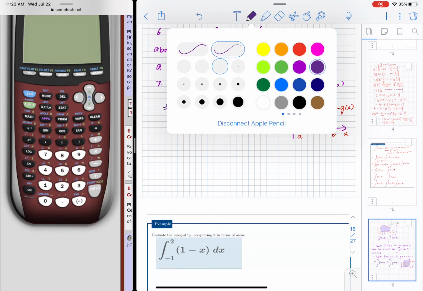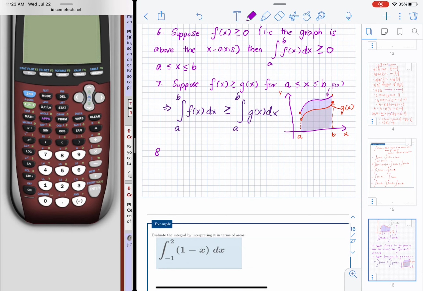And lastly, suppose f of x lies between two numbers, lowercase m and uppercase M, for all values of x with a less than or equal to x less than or equal to b.